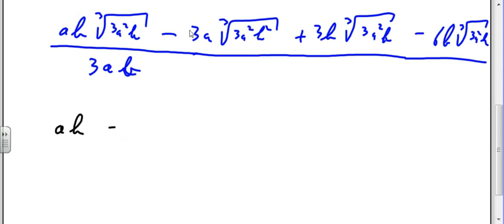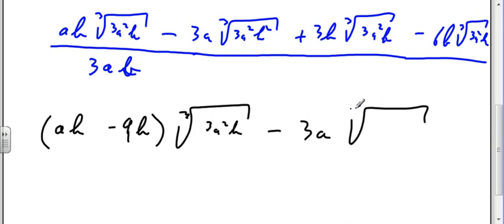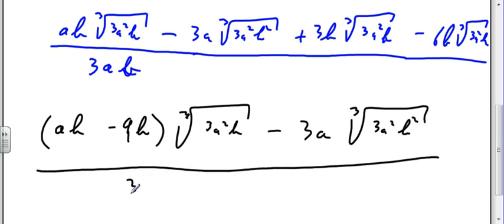Minus 9b times cube root of 3a squared b, minus 3a cube root of 3a squared b squared divided by 3ab, and nothing cancels out, and that's the end of the problem. And isn't life wonderful?